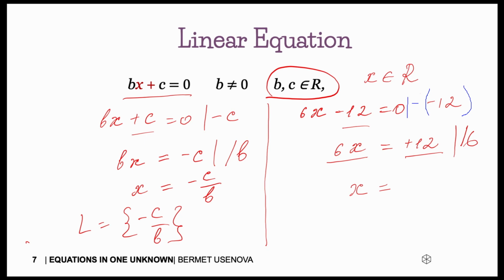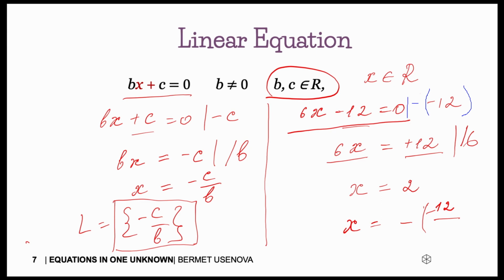So it will be 2. We can solve it like this step by step, or just immediately see it in normal form. If it's given as a normal linear equation, you can just know that x will be minus c, so c here is minus 12, divided by 6 directly, and it also equals 2. So the solution set for our example will be {2}.